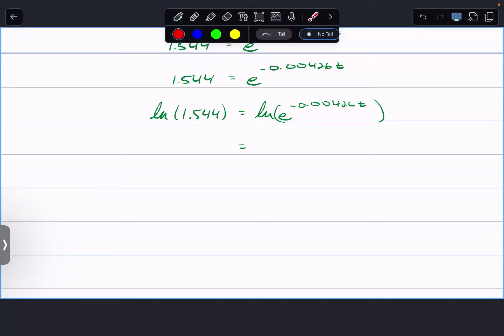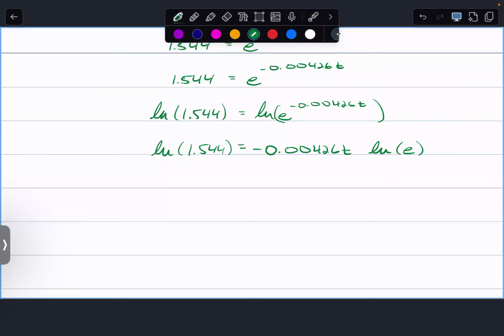This becomes, technically, by the log laws, right? And the reason we use logs is because this, I can bring it down in front, right? So technically, in case you need that kind of a refresher, we get this. And this, of course, stays the same. But e to the power of what equals e, right? That is going to be 1.